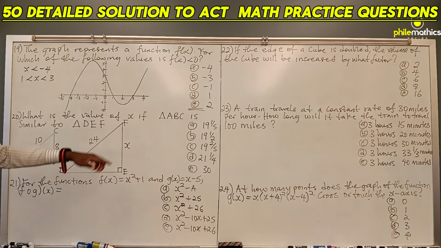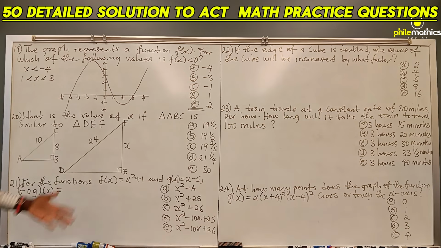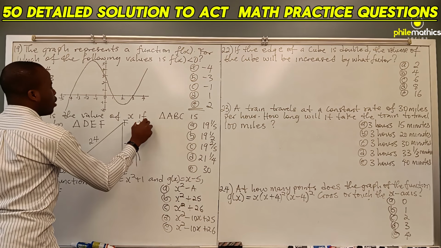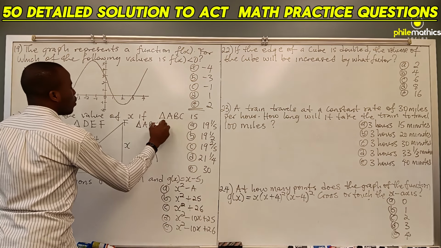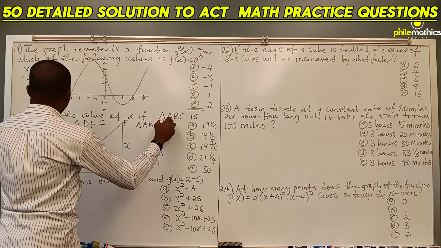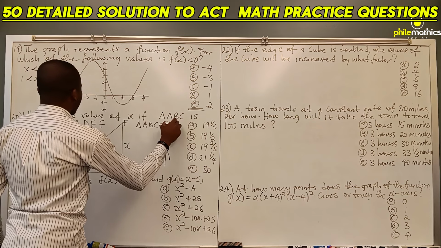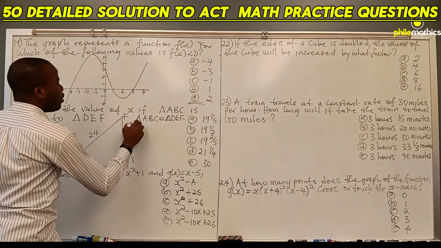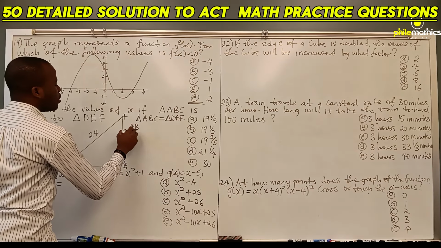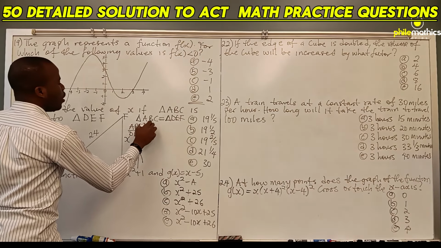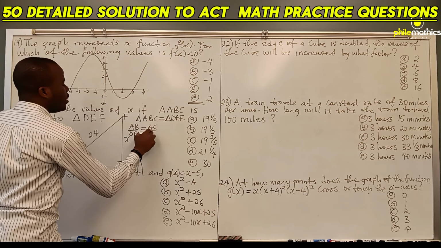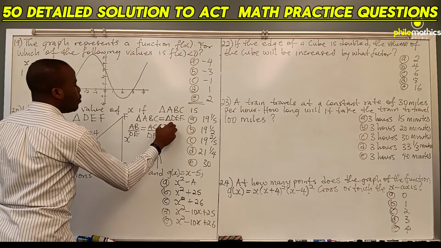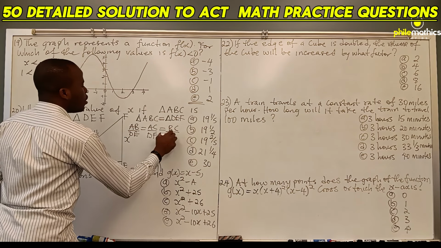What is the value of x if triangle ABC is similar to triangle DEF? This is similar triangle. So you know that triangle ABC is equivalent to triangle DEF. Remember that AB over DE has to be equal to AC over DF, which has to be equal to BC over EF.